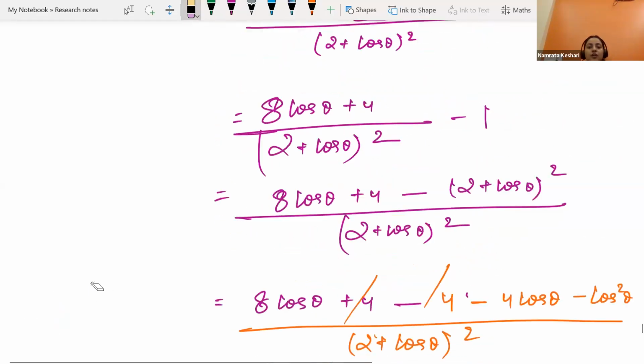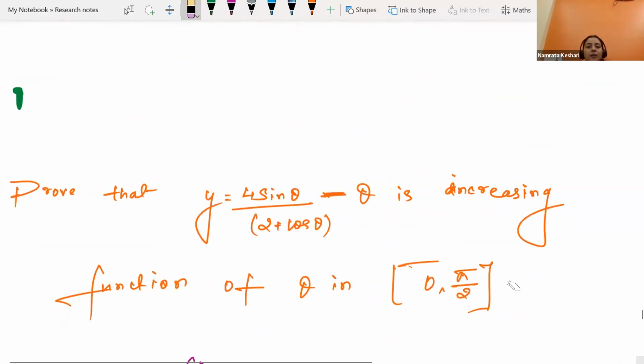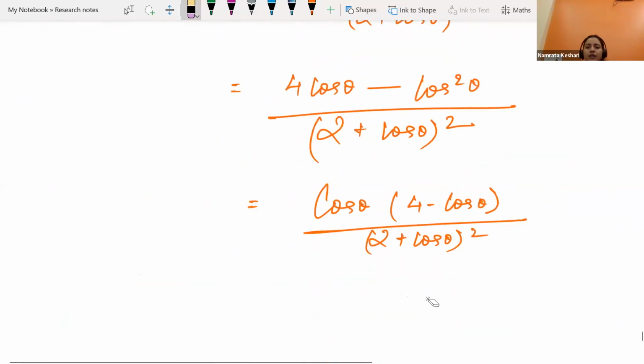What can we think over here? What is the interval? 0 to pi by 2. Whatever we take as theta between 0 to pi by 2, the denominator is a whole square, so that will be positive, right? Yes. The denominator will always be positive because theta is between 0 to pi by 2.